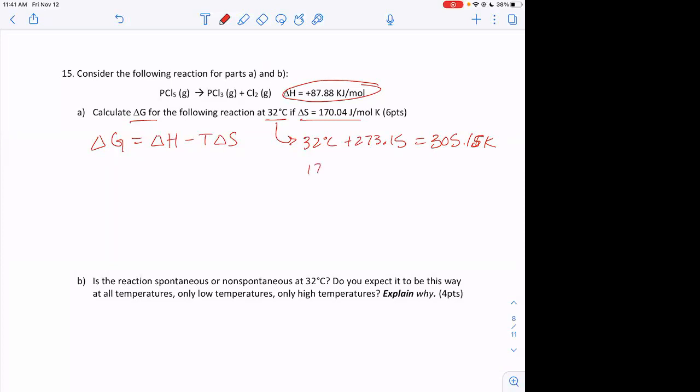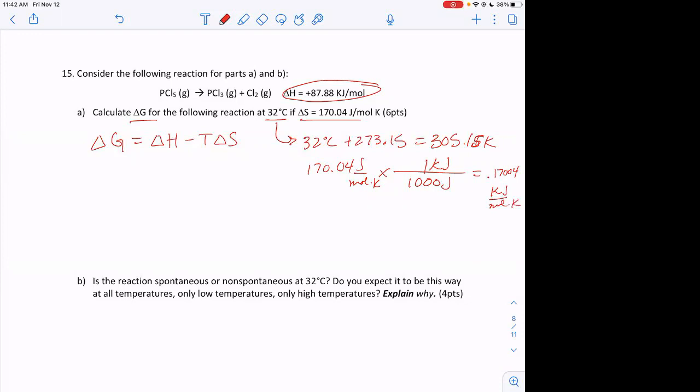So 170.04 joules per mole Kelvin, we got to convert that to kilojoules. There is 1,000 joules in 1 kilojoule, so it's going to give you a very small number. It's 0.17004. And that's now your kilojoules per mole Kelvin.